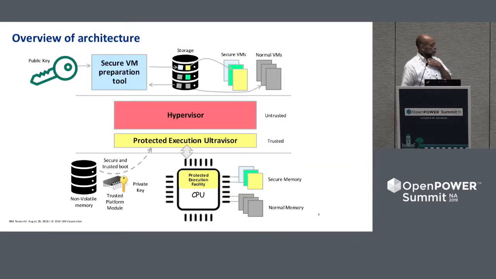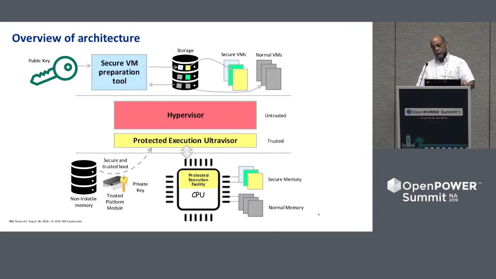So this gives you a picture, basically, starting, you can do top down or bottom up, but we'll go bottom up. You've got some storage. We have a trusted platform module. There's a private key associated with the processor that's locked in the TPM. We make some changes to implement in the hardware. One of those changes separates the memory addressable by the machine into some secure memory, some normal memory.